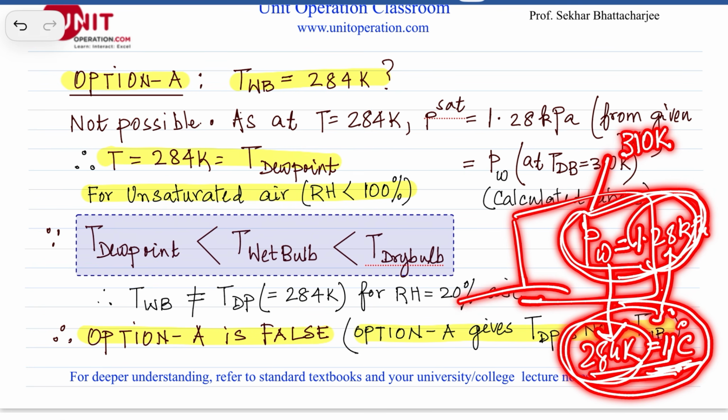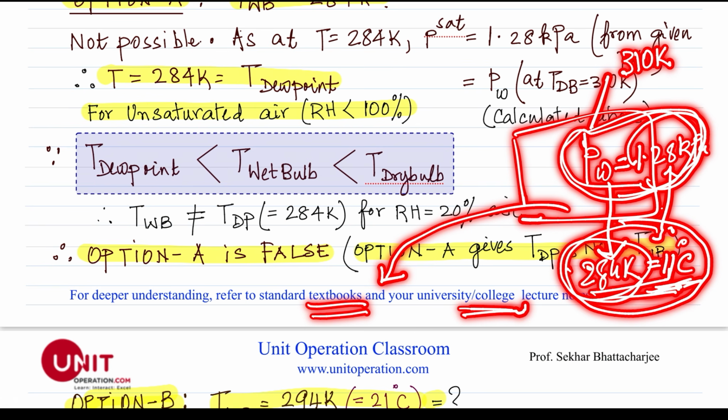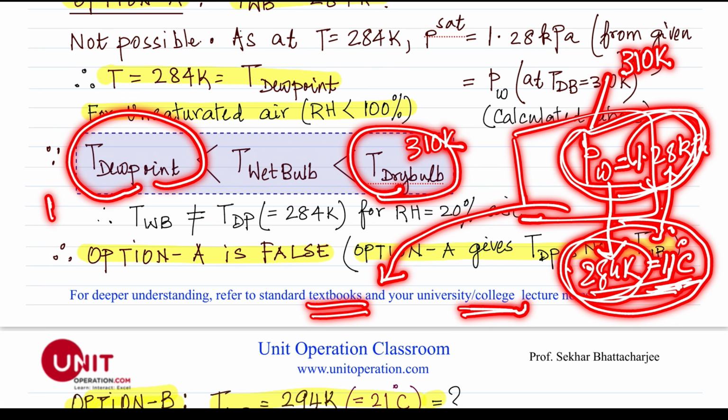For understanding this one, please read the standard textbook or your lecture notes. Dry bulb temperature is 310 K, and we have seen this dew point temperature is 11 degrees Celsius.